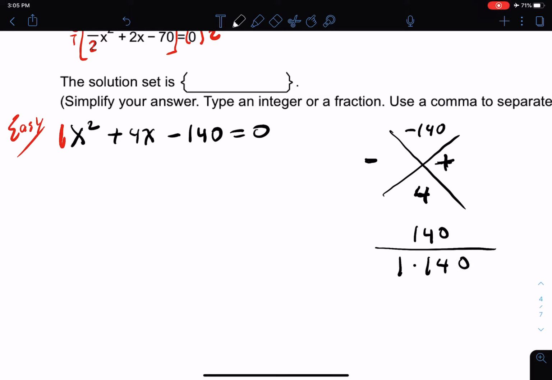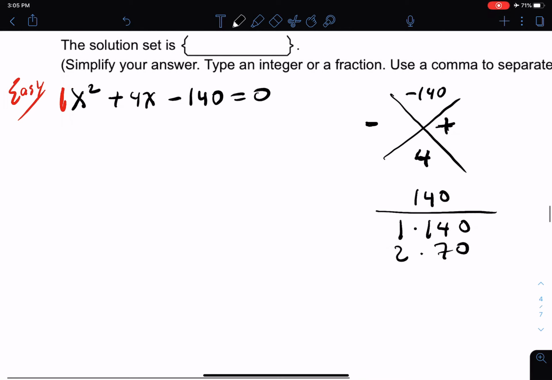So, you really could go, okay, what about 2 times 70? Those two things are so far away from being a 4 that you could save a little bit of time, maybe drop down to something that's a little closer. Now, if you find yourself just missing the right factors, then maybe you should systematically go down the list, right? But this is something that you could mess around with.